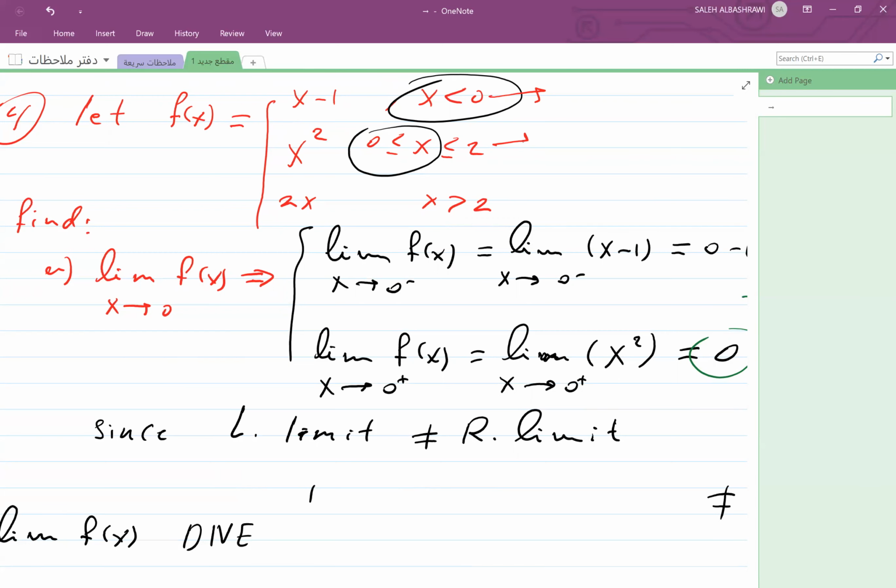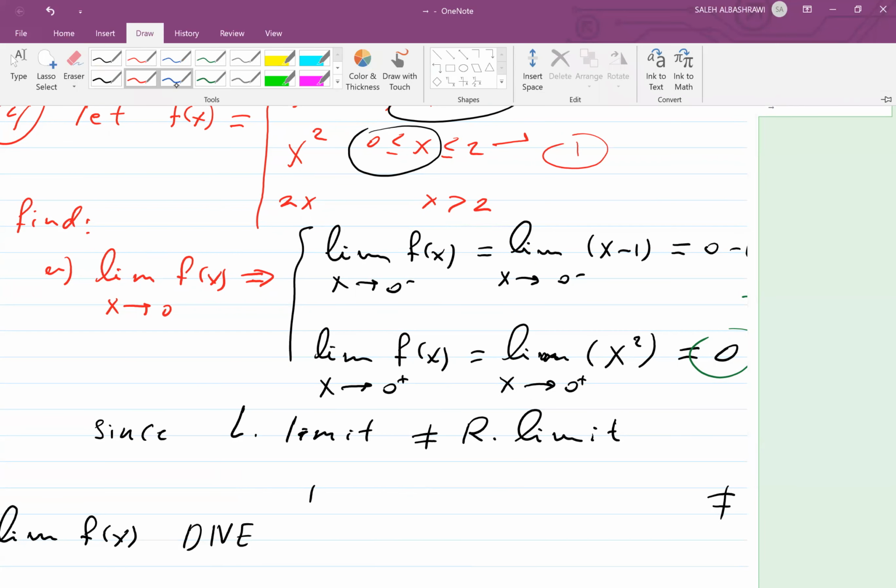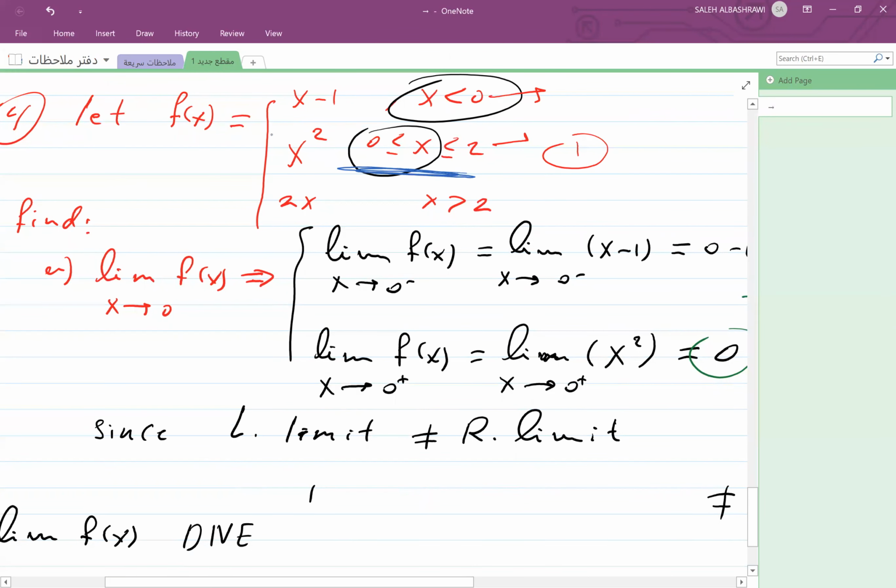All that I need is to see in which interval this number 1 lies. And you can see that it is between 0 and 2. Number 1 is in this interval, so my function now is x squared.